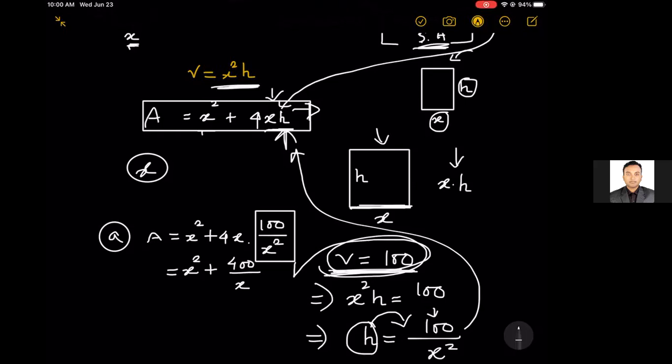Like we have done it for h here, we have done it for x the last time. So whenever you see a problem, you can't really write 100 over x squared all the time. It could be something else. You never know. Any question from this?